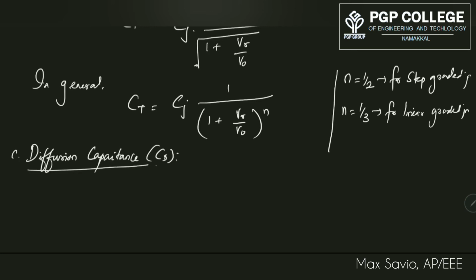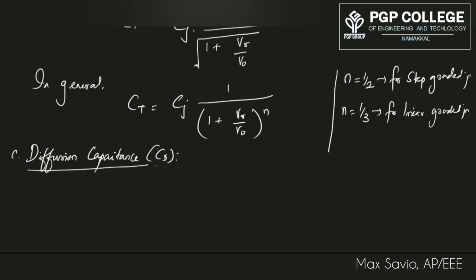Diffusion capacitance is usually in the forward bias condition. When the PN junction is forward biased, the depletion layer will keep decreasing, and at one point it diminishes and the junction starts to conduct.